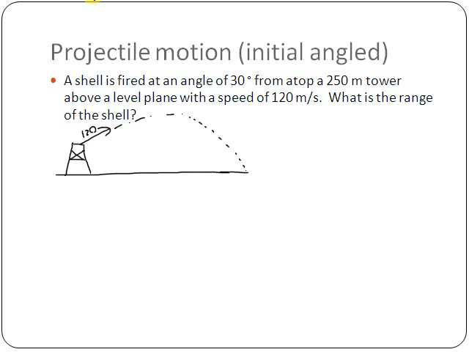So let's set up our table, same way we did before, of x and y. Acceleration in x is going to be 0. Acceleration in y is going to be negative 9.8, same as before. For the original velocity, we know this 120 breaks into two components, an x component and a y component, with the angle inside being 30 degrees. Have we changed our initial conditions? Not from last time.